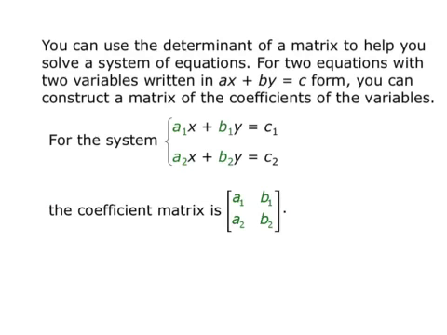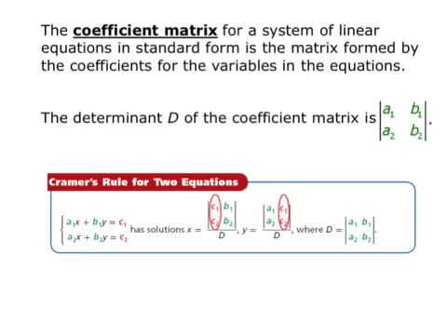Alright, you can use the determinant of a matrix to help you solve a system of equations. For 2 equations with 2 variables written in ax plus by equals c, which is called standard form, you can construct a matrix of the coefficients of the variables. This is a coefficient matrix, so it's just the numbers in front of the variables that go in your brackets.